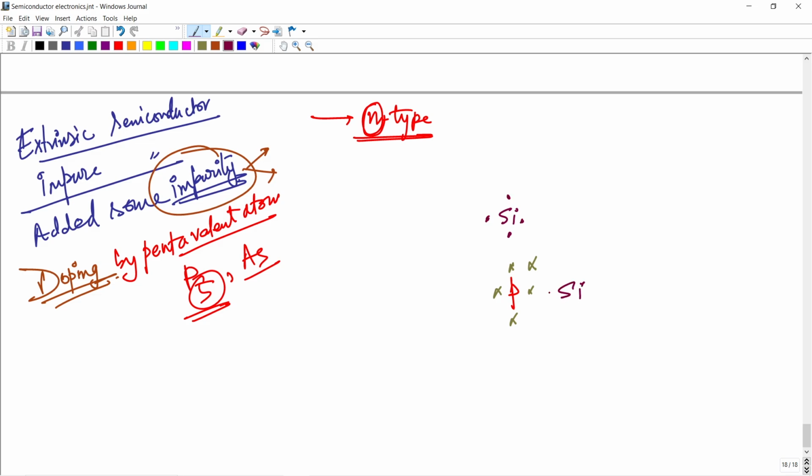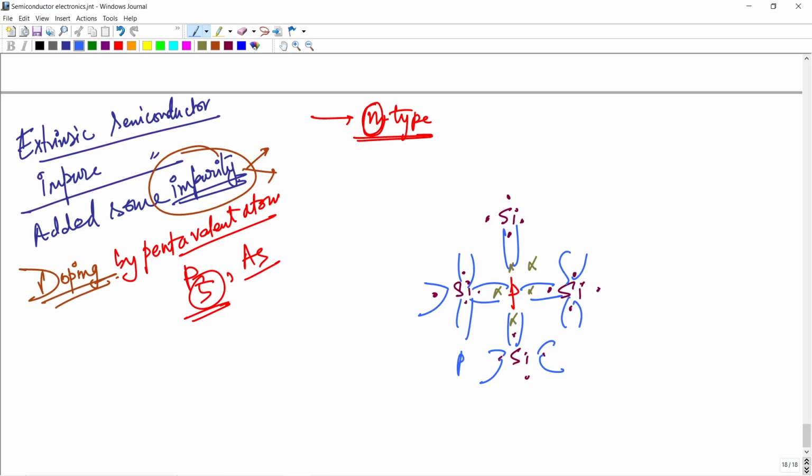Here is a silicon with 1, 2, 3, 4, here is another silicon with 1, 2, 3, 4, and another with 1, 2, 3, 4, and we see the covalent bonds. Here is another phosphorus, and here we see the extra electron. There is one extra electron, and here another extra electron.